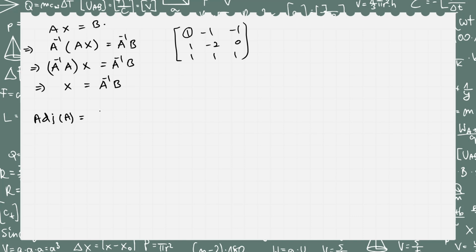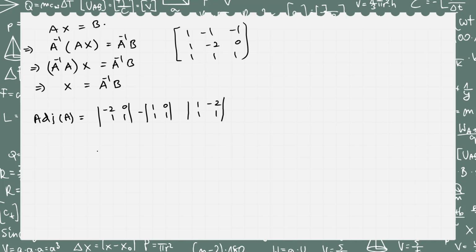That will be the minor minus 2 0 1 1. Its sign is positive. And then next element is minus 1, and minus 1's minor will be 1 0 1 1. That should be given a minus sign. And minus 1's minor is going to get a plus sign, which is 1 minus 2 1 1.